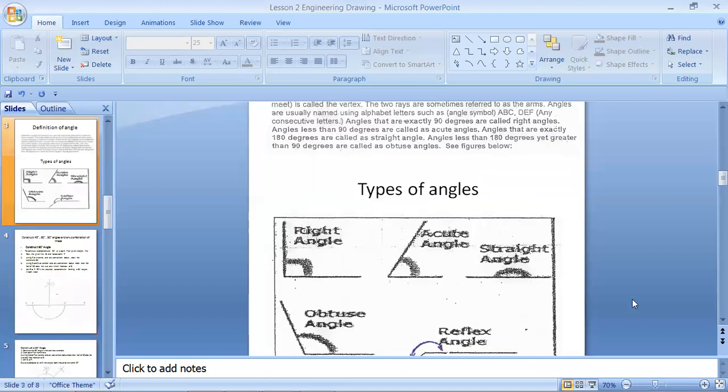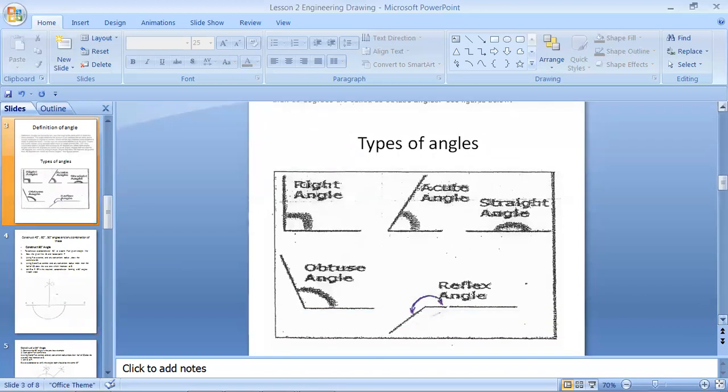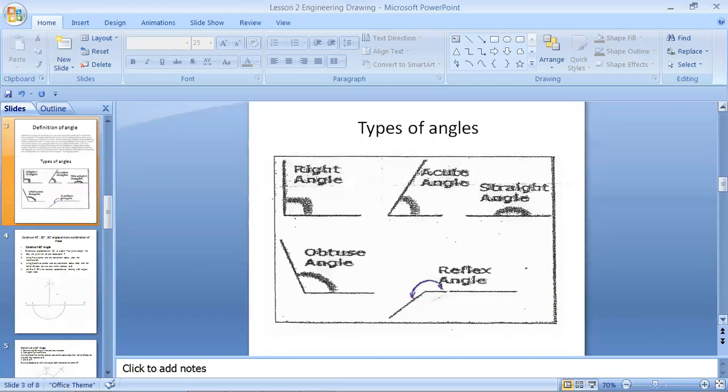The next topic to be addressed here is the types of angle. We have a right angle when the angle is from 0 to 90. The angle formed between two lines is from 0 to 90.